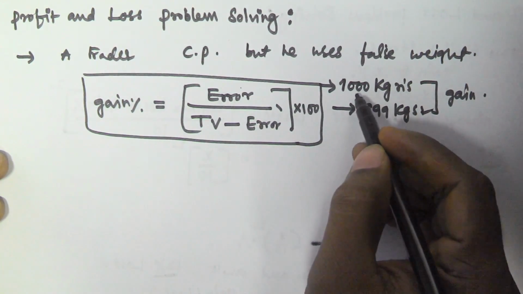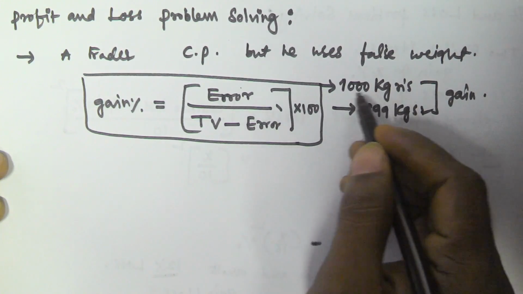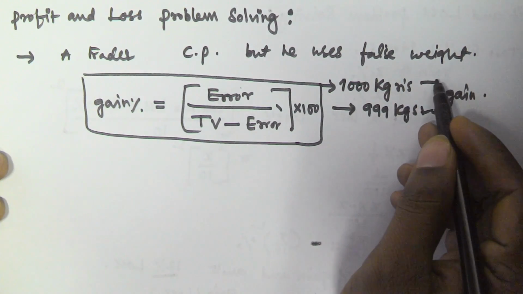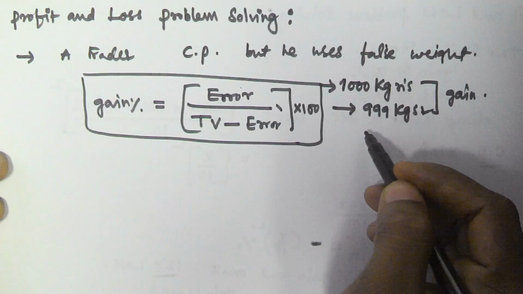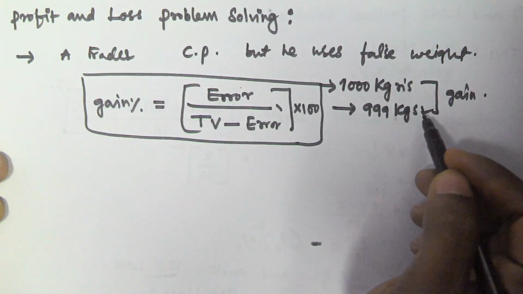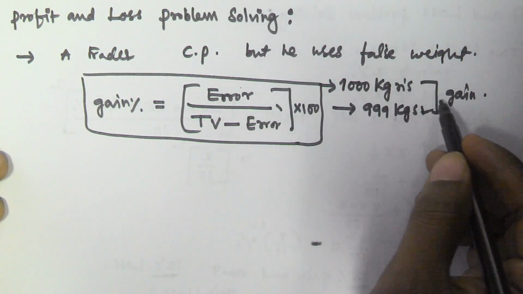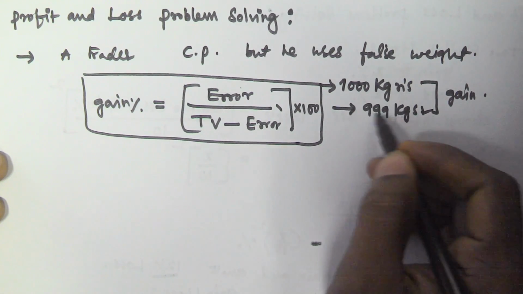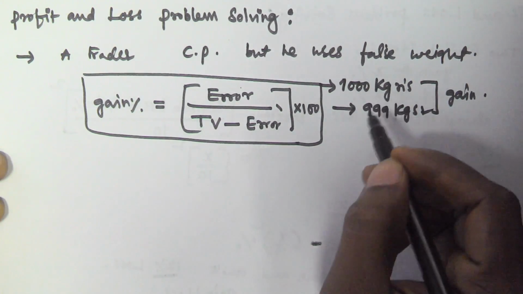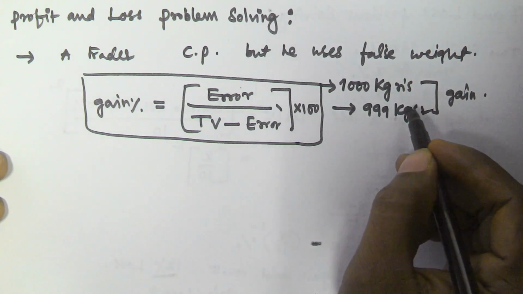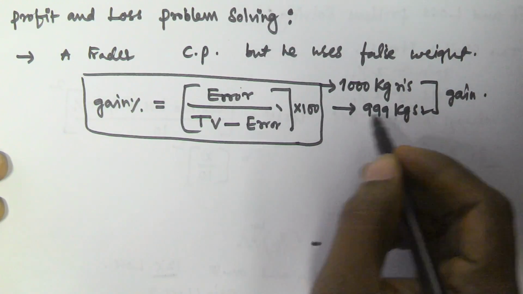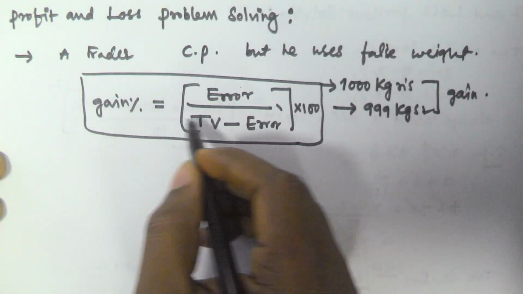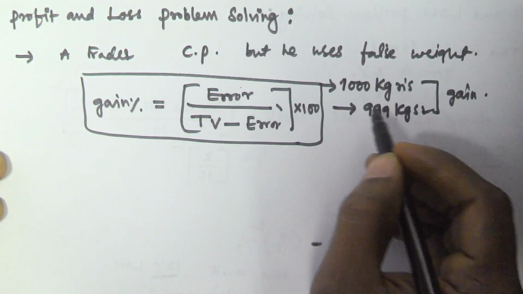For example, a seller promises to sell 1000 kgs at a certain cost price, but instead of 1000 kgs, he gives only 999 kgs. So there is a gain of the cost price of 1 kg for the seller. The gain percentage is equal to error by true value minus error into 100.